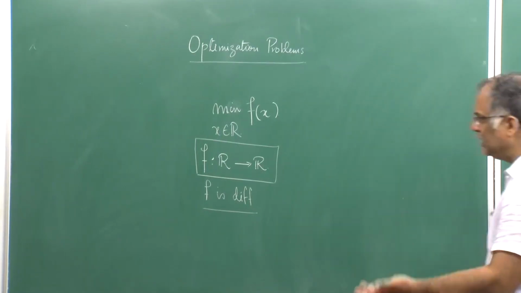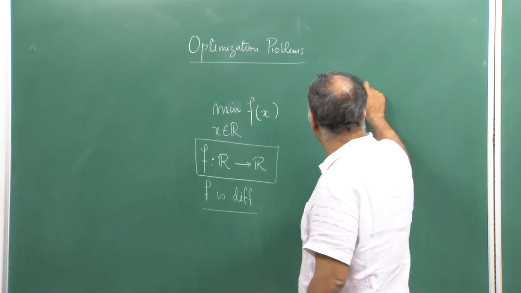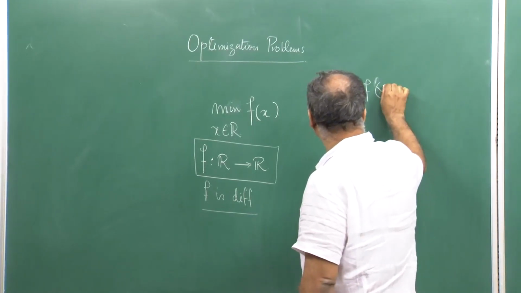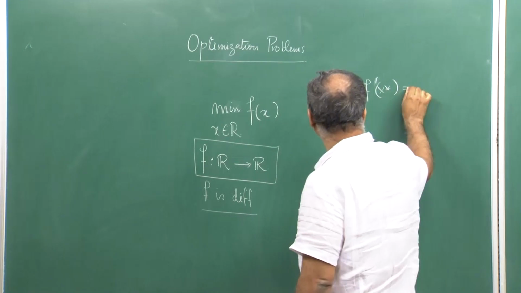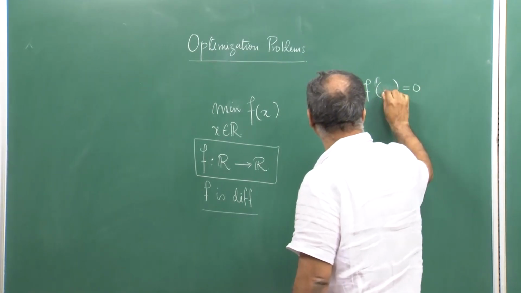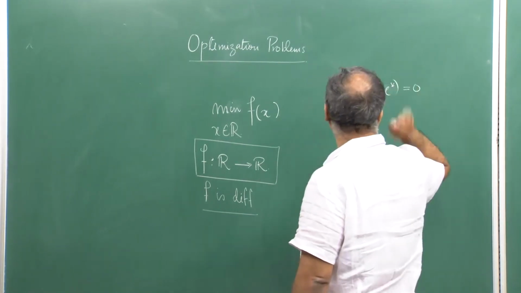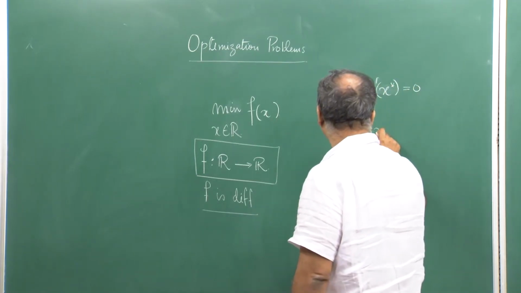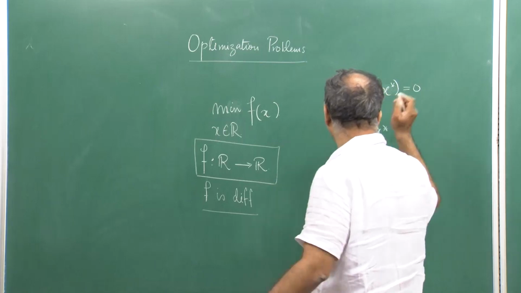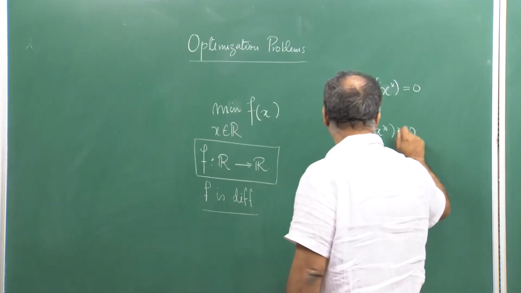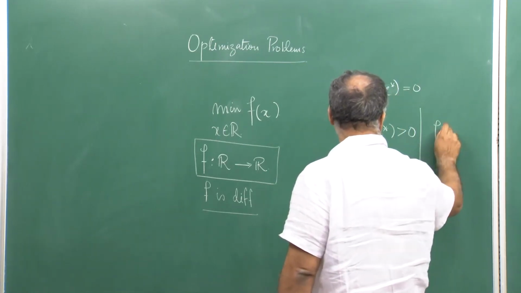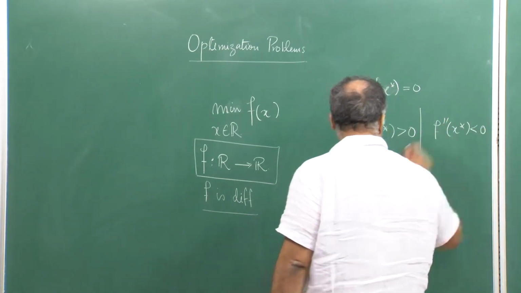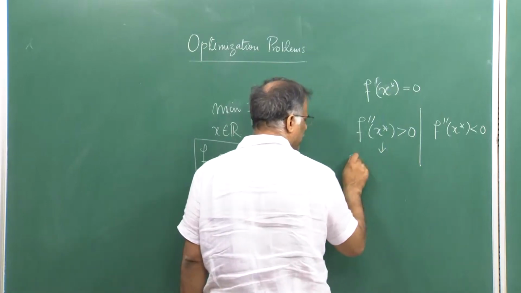If we recall, our first step is to find a point x star such that f dash of x star is equal to 0, and the second step is to check f double dash, if it exists, at x star.